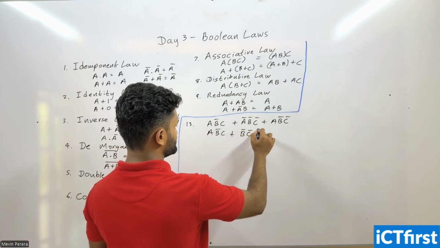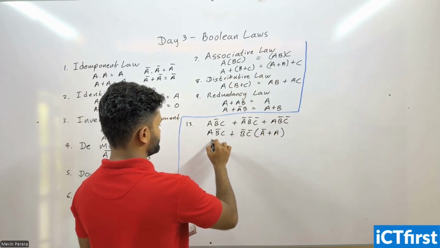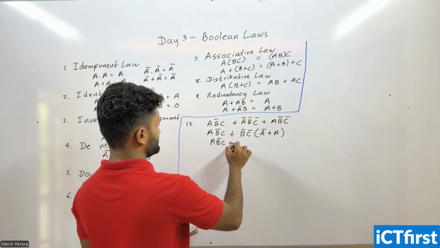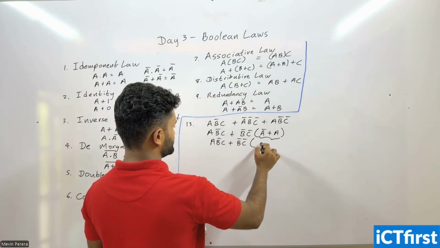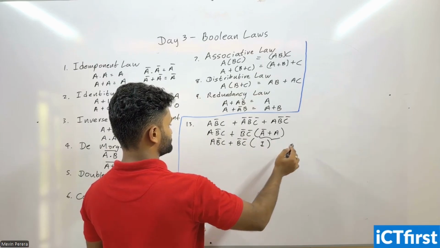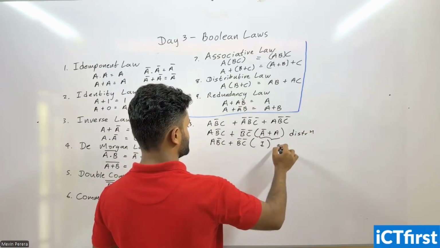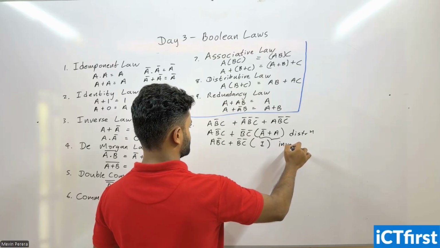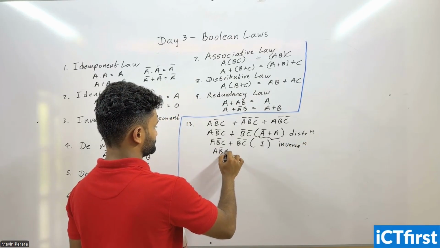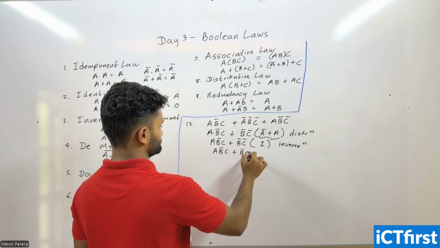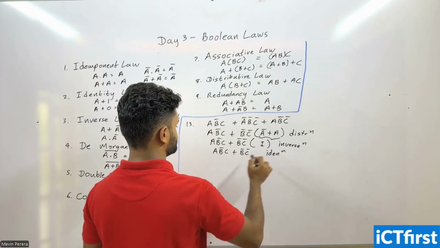B bar C bar is common. So in the middle, it becomes A bar plus A. So A B bar C plus B C bar. This is equal to 1. Okay, this one was distributive. This one was inverse. That is identity law.